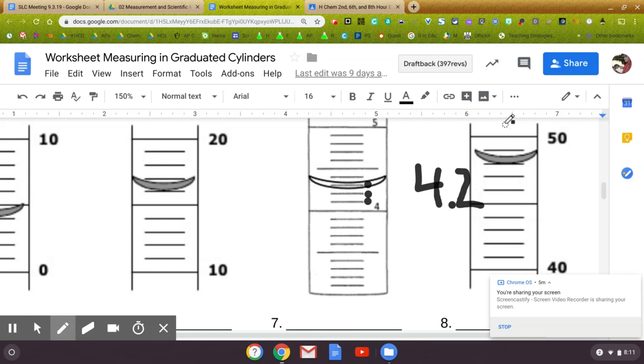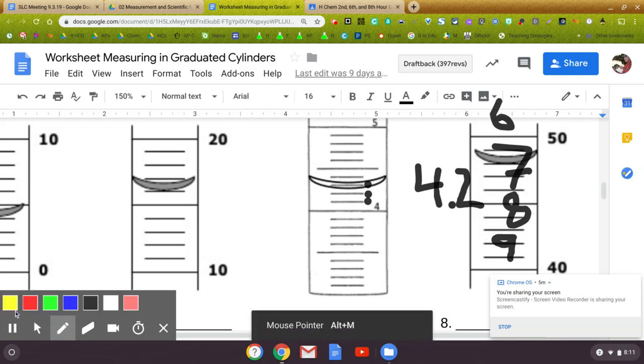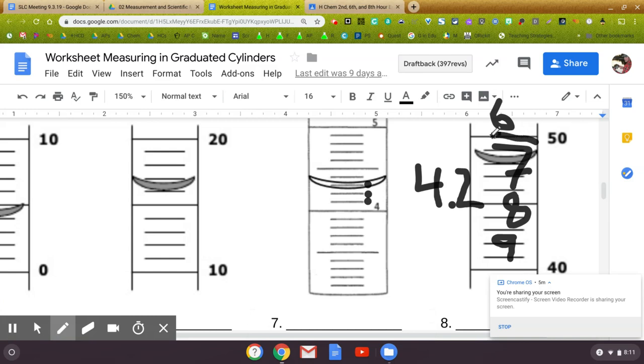So we're looking at a number that could be 4.26, maybe 4.27 is looking better. 4.28 is probably okay. You could even get away maybe with a 4.29, but definitely not 4.30 because that meniscus is clearly underneath the actual line there. And then these two are probably the better two answers as far as what we might have. So 4.27 or 4.28 are both acceptable.